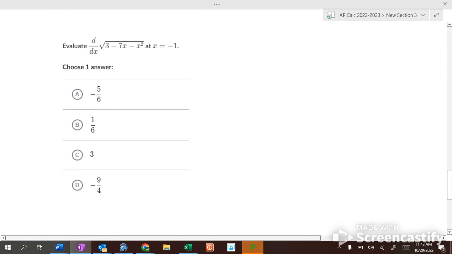So let's find this at -1. What's the first derivative of that? Well, the first derivative of the square root is really 3 minus 7x minus x squared to the 1/2 power, right?